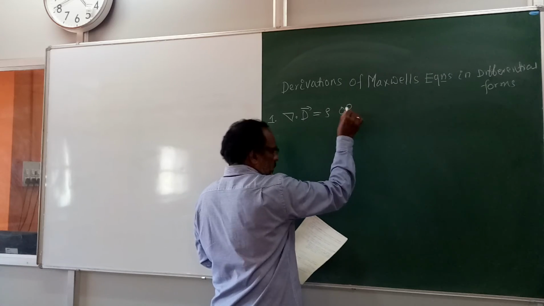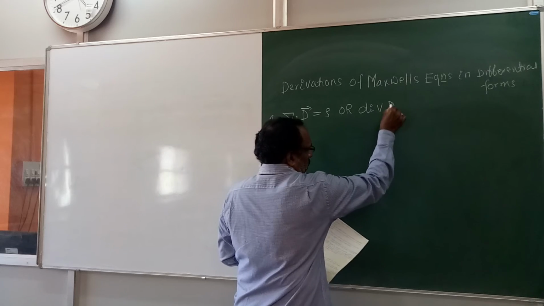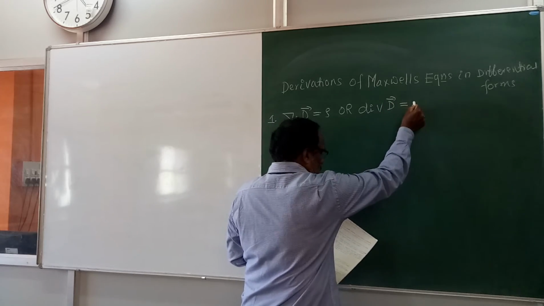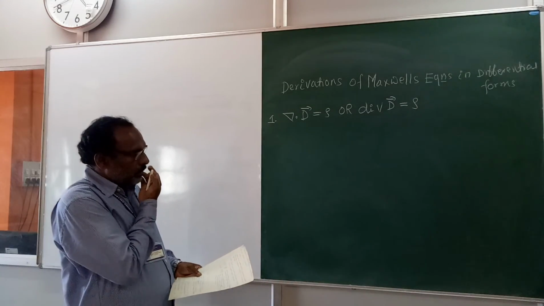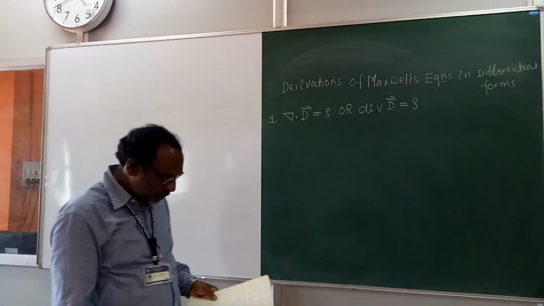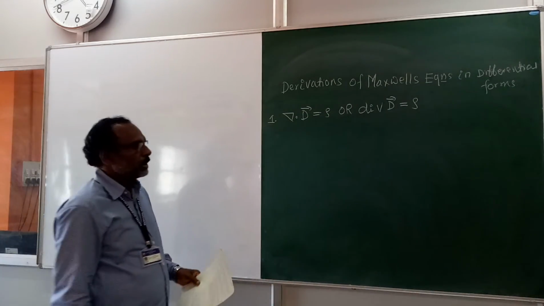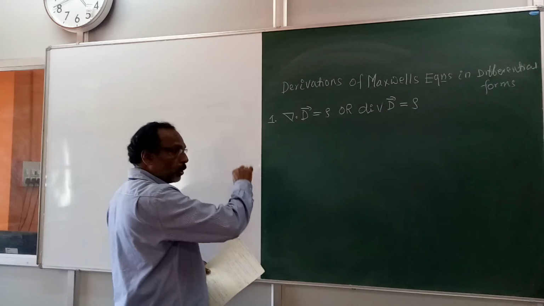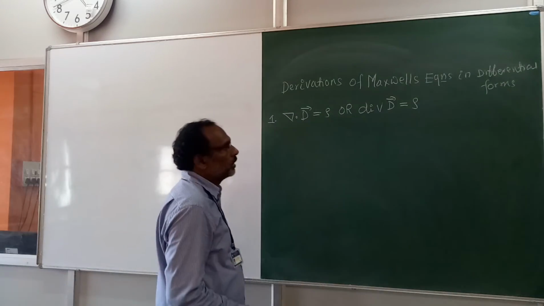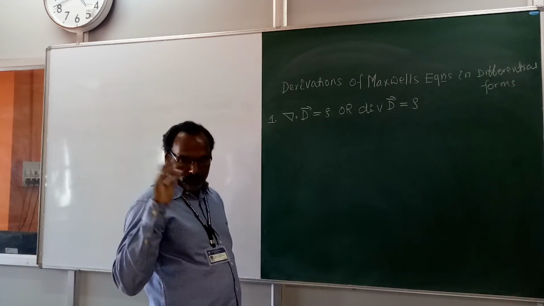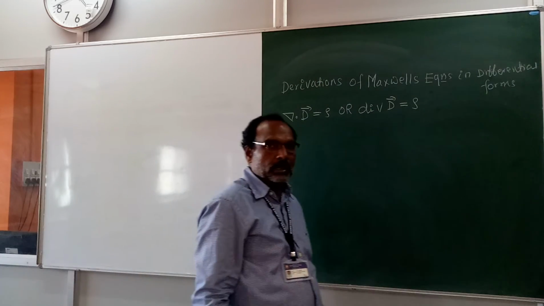It is written as divergence of D is equal to rho, the charge density. To derive this equation, let us consider a surface bounded by volume V. Imagine we are in this hall; the board is a surface.